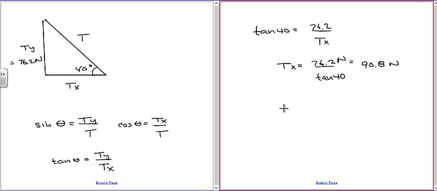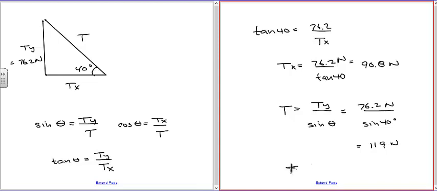So that's t sub x, and you can also get t by using either one of these now. If we solve for t, like I said, it doesn't matter. Here would be t sub y divided by the sine of theta. So t sub y is 76.2 newtons divided by the sine of 40 degrees, and I get 119 newtons.